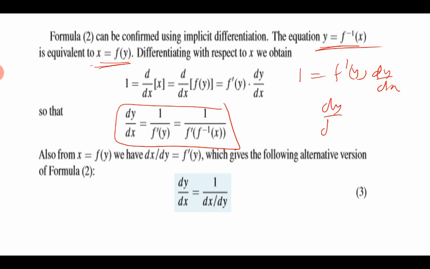Therefore dy by dx is 1 over f prime of y. We can call it dx by dy. Now replace the variable and you get this one. So this is just the form of the formula: dy by dx is 1 over dx by dy, and then replace the variables.